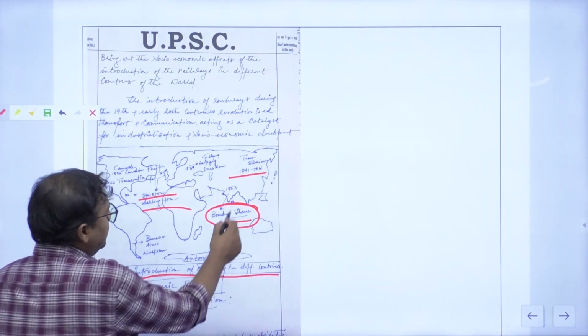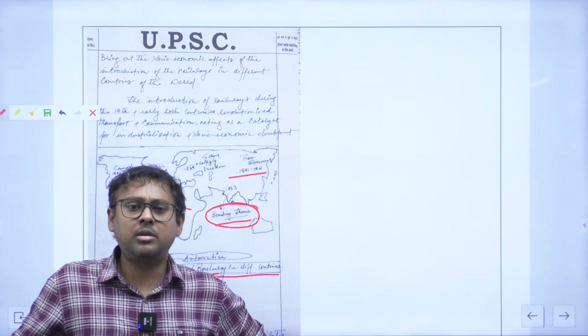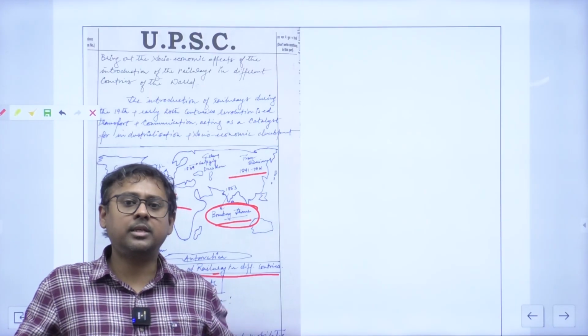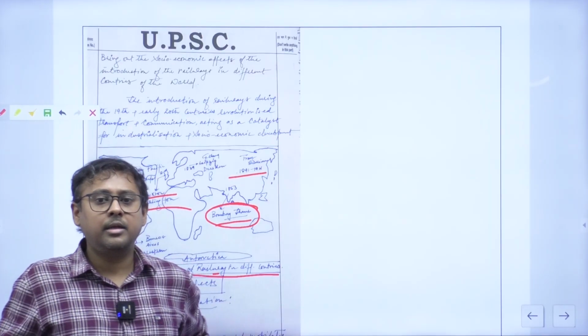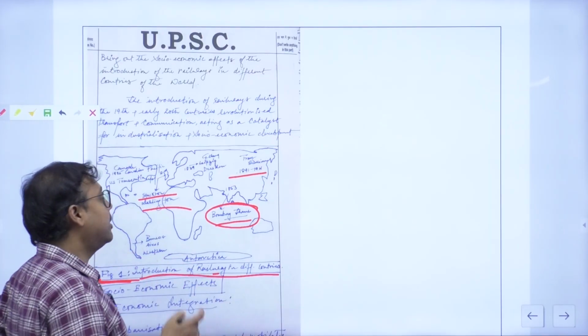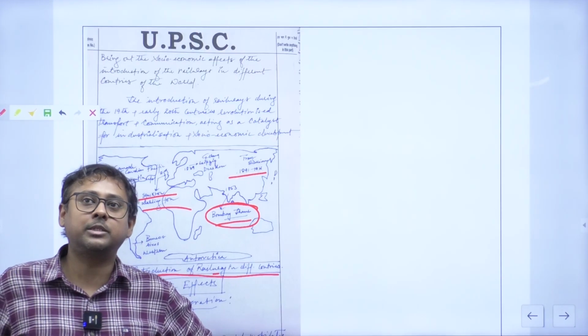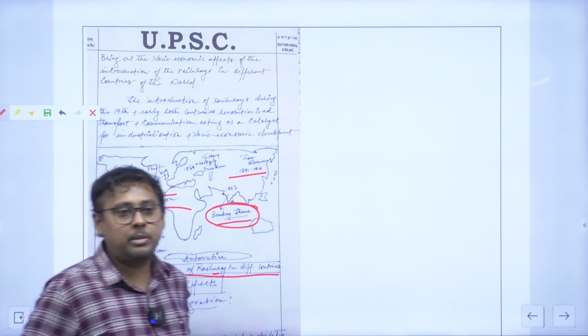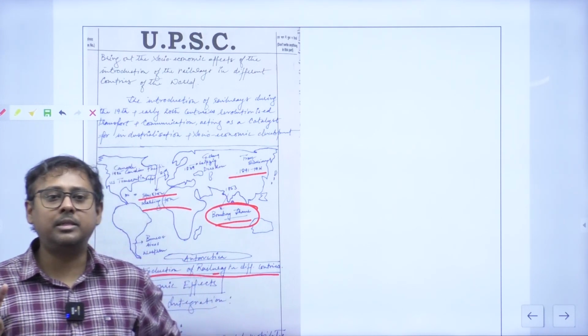Again, in history, I think I told you, 3 things are very important: place, personality, and time. Your history answer should have these 3 components. And now people will say, what about personality? Where do we find a personality in the Indus Valley civilization? I said these are the elements.